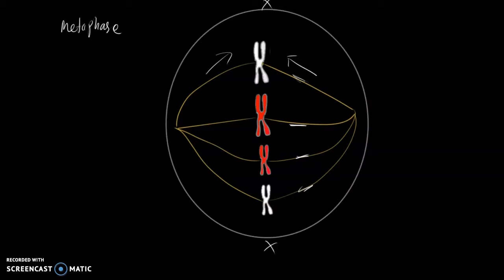So in metaphase, the nucleus disappears. The chromosomes line up along the equator of the cell. Then the spindle fibers start to appear and attach themselves to the protein called kinetochores. The next phase is anaphase.